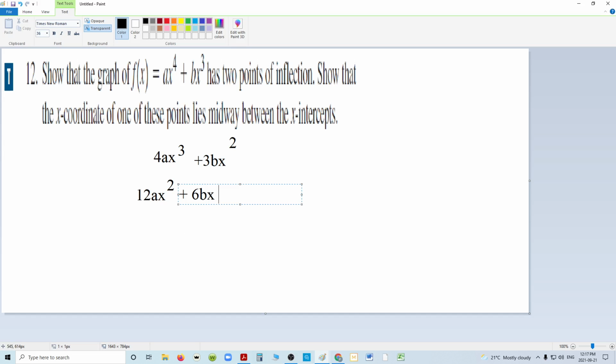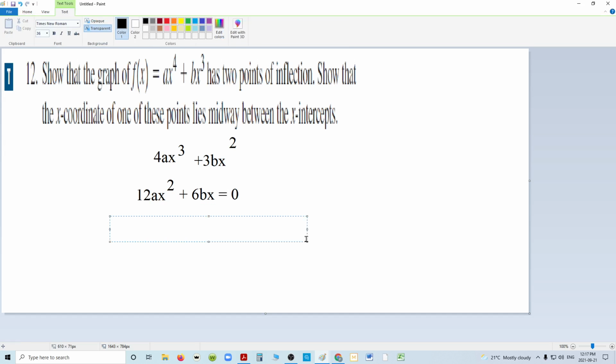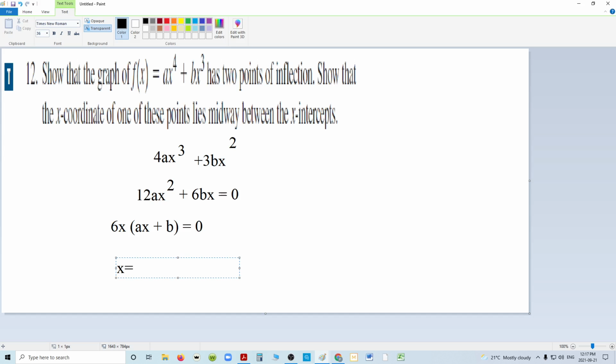It needs to find if there's 2 points of inflection. So if I factor out 6x from both, I get ax plus b, which means there's going to be a point of inflection when x is 0. So at 0, 0, there will be a point of inflection.